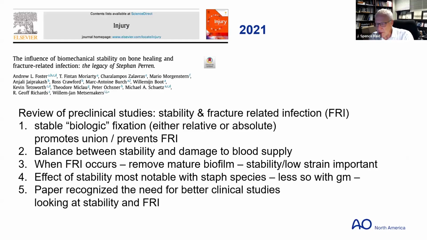And when fracture-related infection occurs, if you have an immature biofilm present, you might be able to maintain your implant. That's the whole argument between implant retention and implant replacement based on the maturity of the biofilm. But then again, a stable, low strain environment is important to prevent recurrence of the infection and allow the fracture to go on and heal.